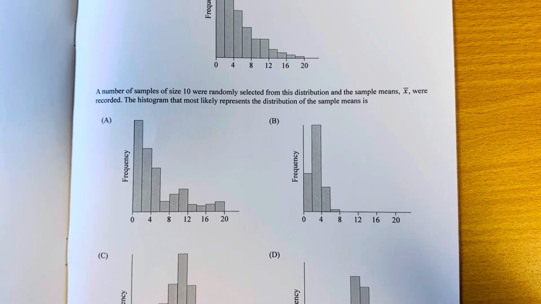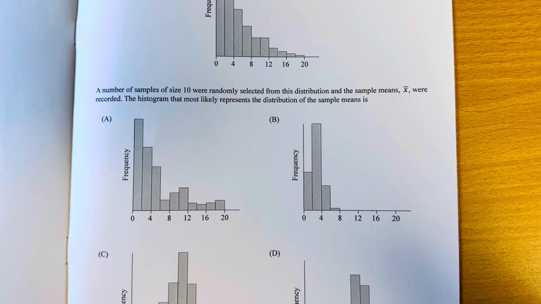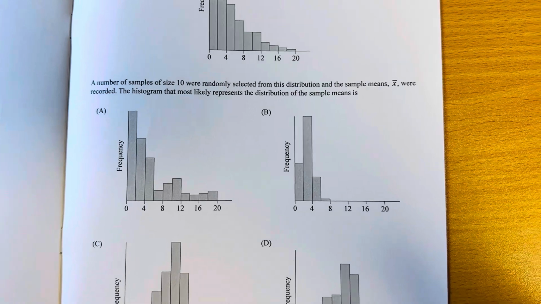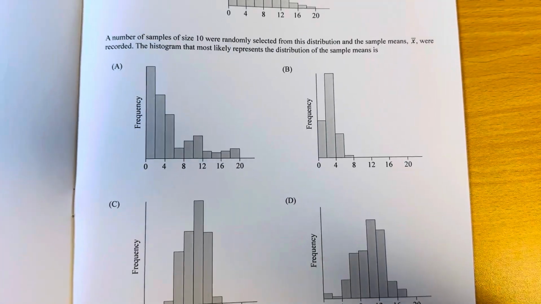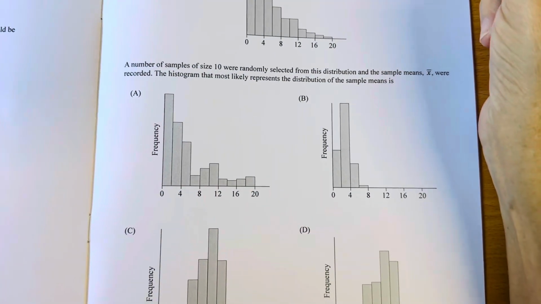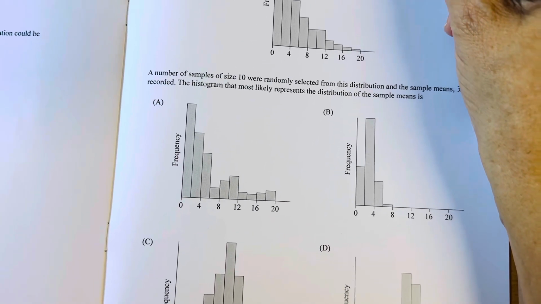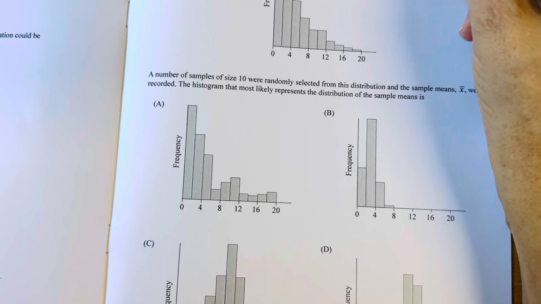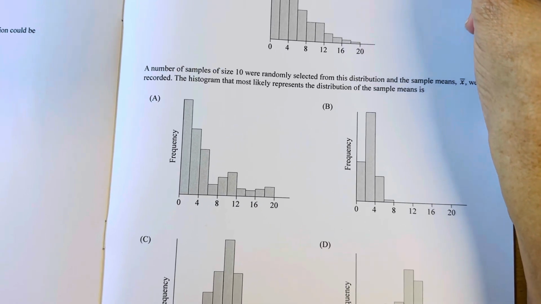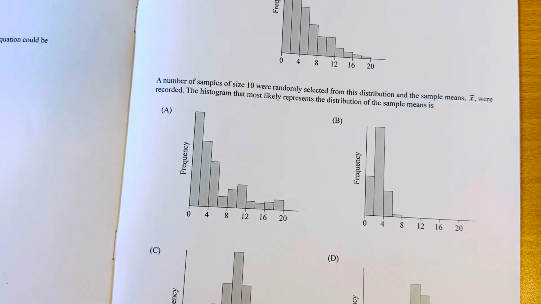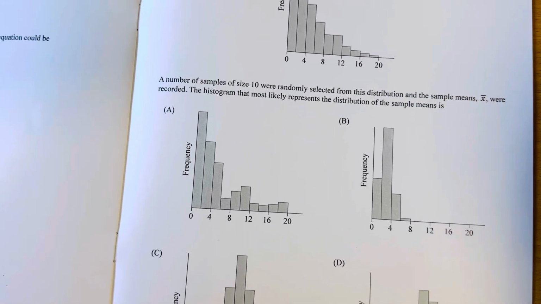The histogram most likely to represent the distribution of the sample means is. So, first off, we know that n is less than 30, so we're not necessarily looking for a normal distribution, are we? Oh, we don't know the number of samples, though, sorry.